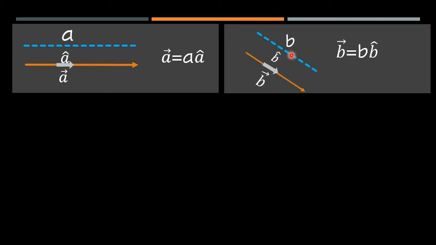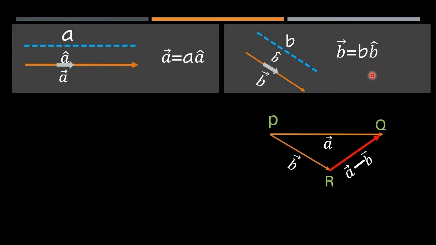Now come to this diagram. Here this is another vector B, which is represented by another orange colored arrow. Here also vector B is expressed as the product of its magnitude B and the unit vector B cap. Now come to this diagram.